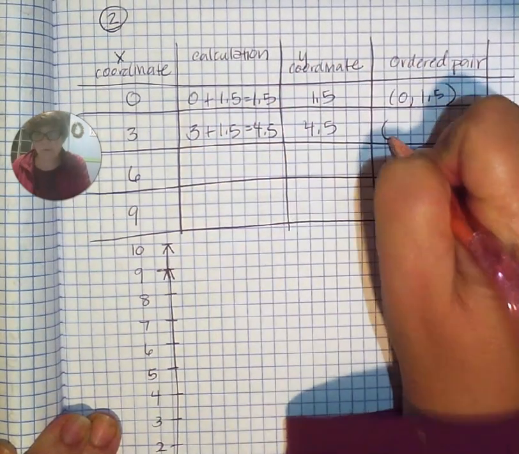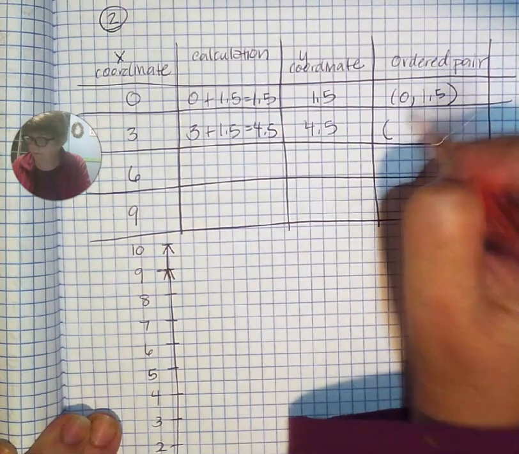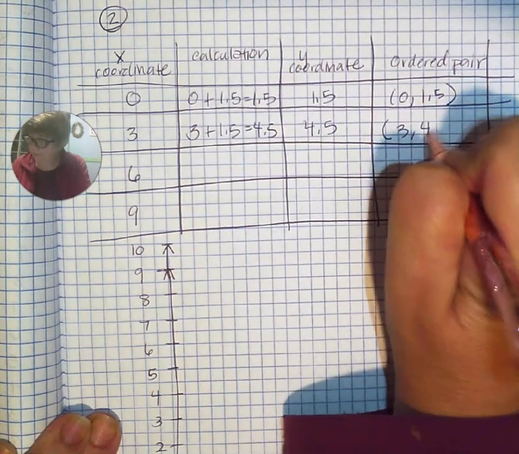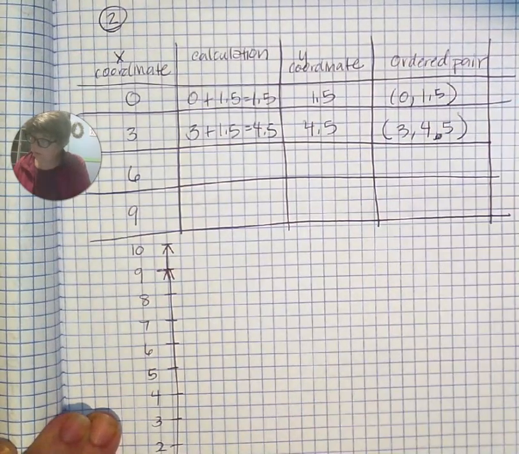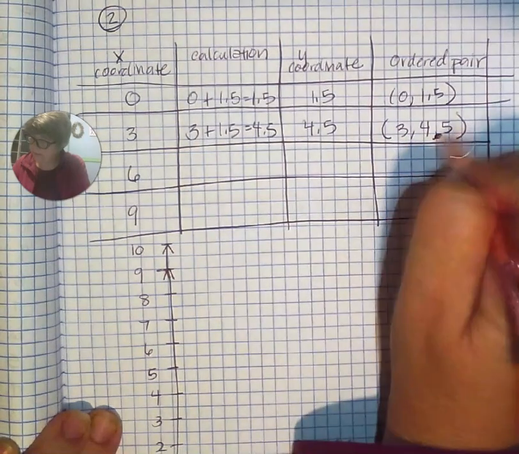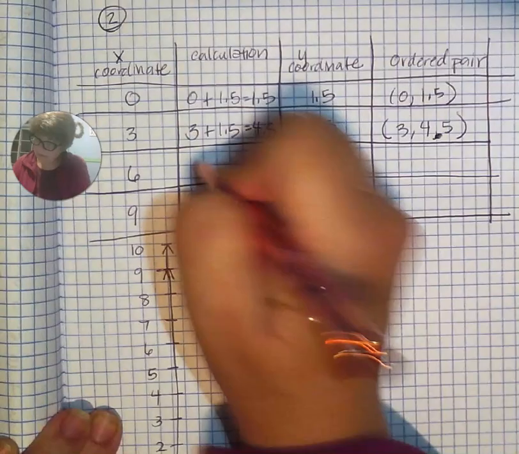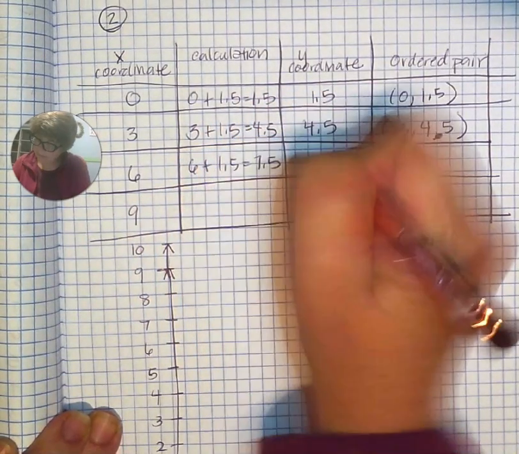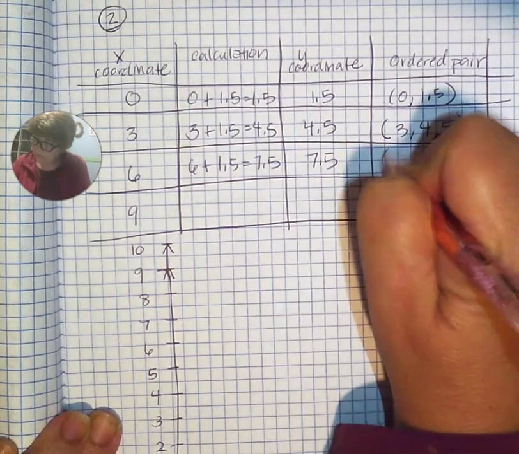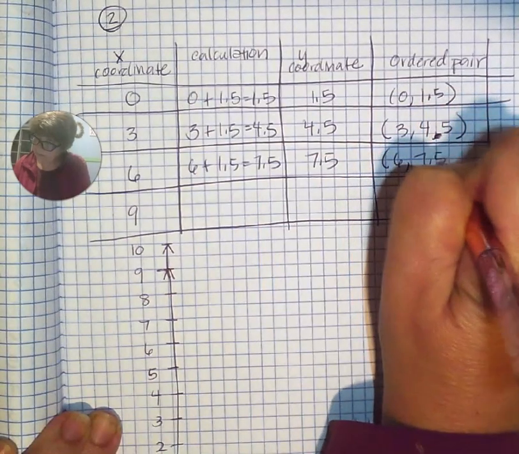Should we go ahead and write the ordered pair while we're at it? That would be 3, 4.5, or 4 5/10, because a half is the same as 5/10. There we have 6 plus 1 5/10 is 7 5/10, so we have 6 and 7 5/10.